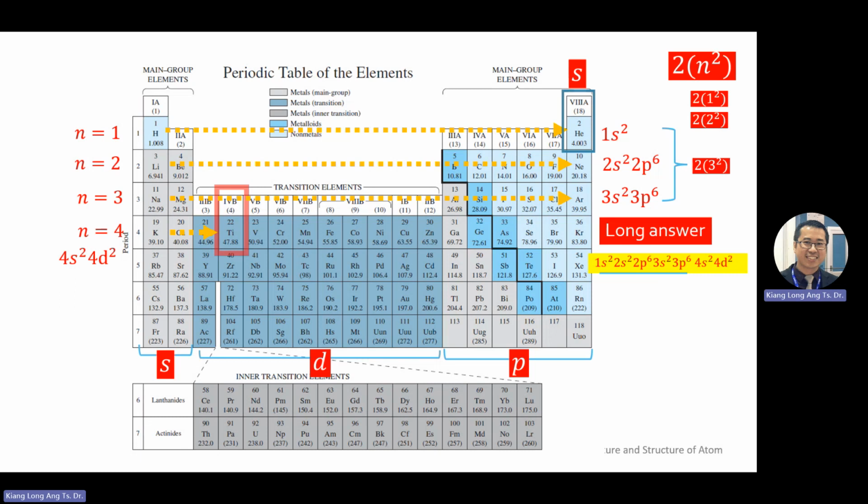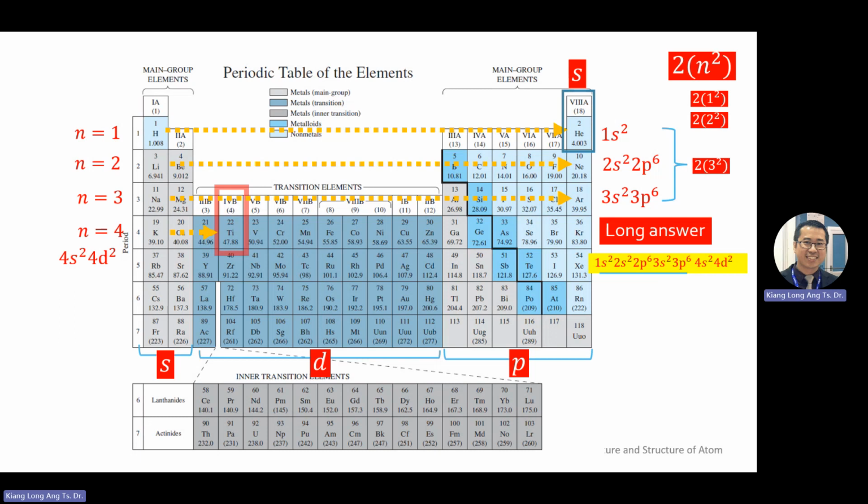For titanium, here. You go lah. First row, you write 1s2. Second one, you write 2s2, 2p6. How you get this number? This whole row represents 2s plus 1, 2, 3, 4, 5, 6. This whole is p, so 2p6. Titanium over here. Number 3 also here, don't miss out this one.